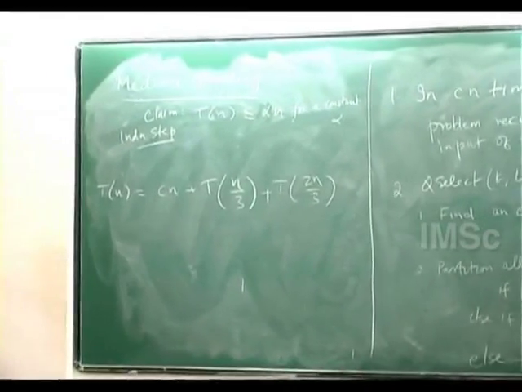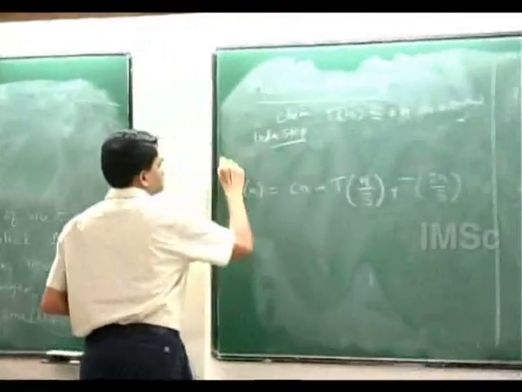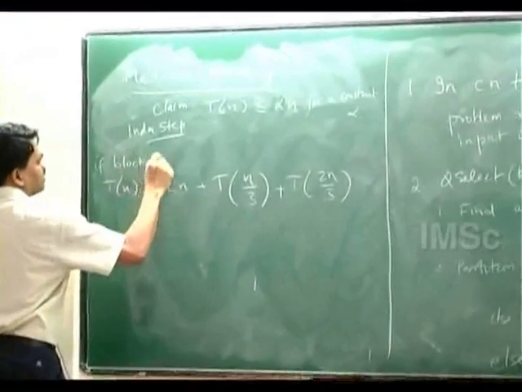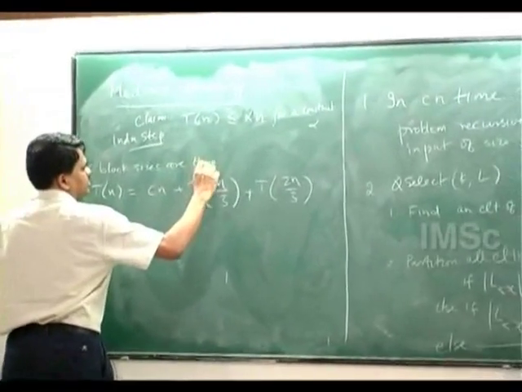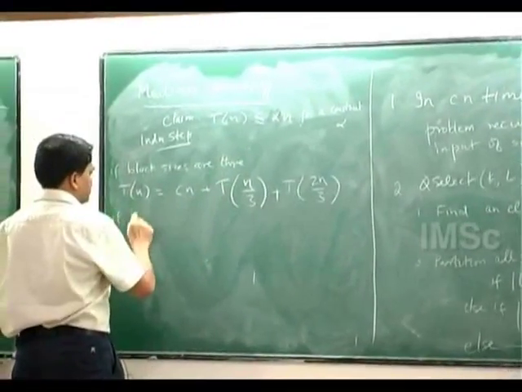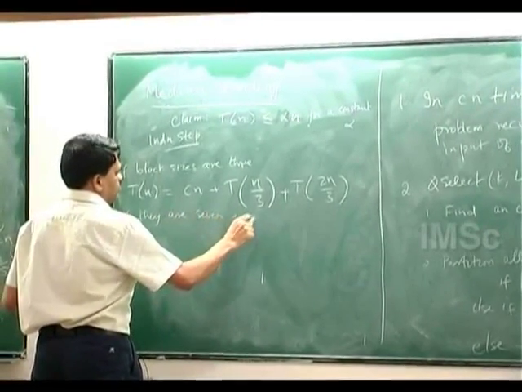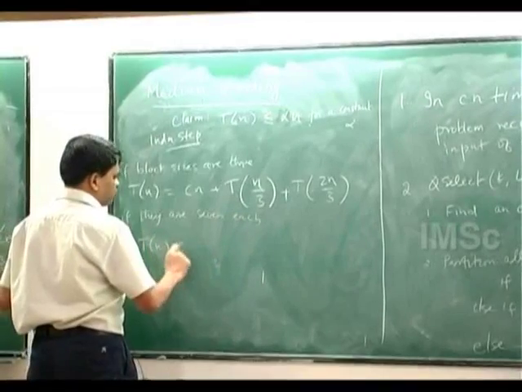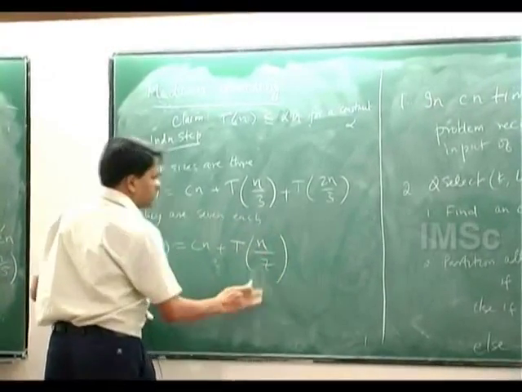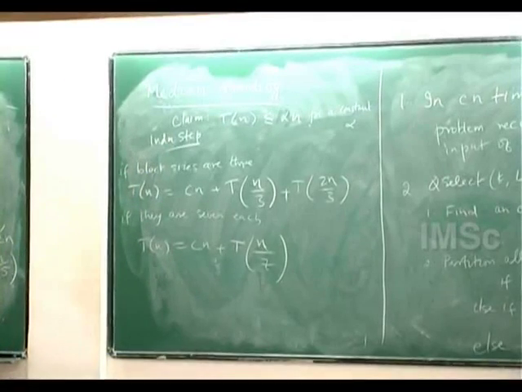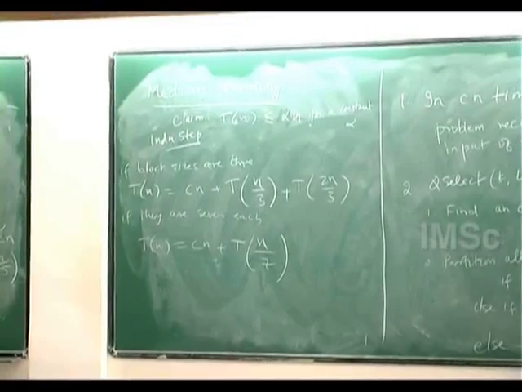Does 7 work? So if block sizes are 7, let's see. So I'm doing a median of the medians. So n by 14 on each side and 4, so 4n by 14.